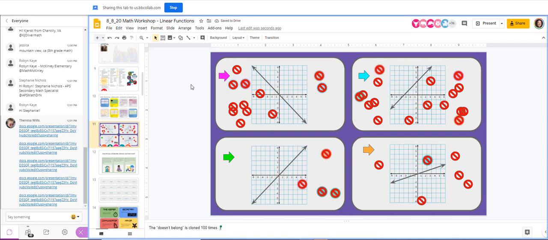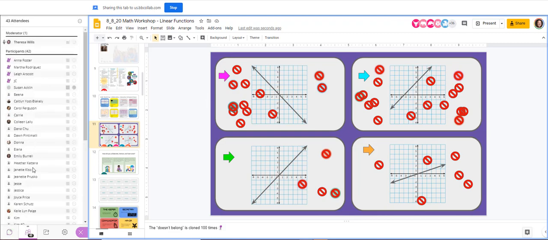Wonderful. And let's hear from some people. The strategy I'm going to use here is assuming that everyone has an opinion and getting everyone's voice on the table. So I'm going to ask within Collaborate, if you would please raise your hand. We're going to have everybody raise their hand here. So all hands up in Collaborate. This means that you are ready to share an idea.